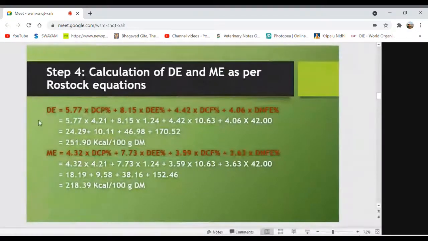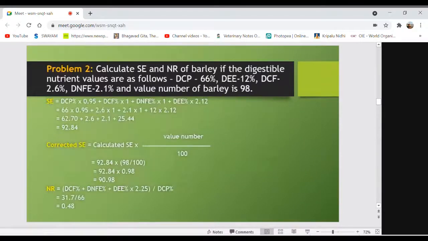And indirectly, on the basis of the physiological fuel value of carbohydrate, protein and fat also, from the approximate composition we can calculate the approximate value of energy. So these two equations, all of you please remember.